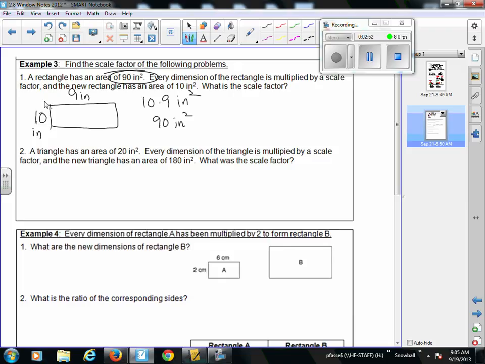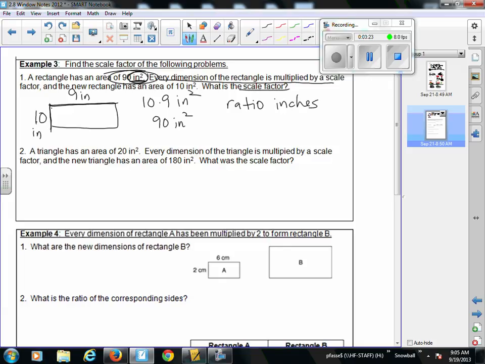So my point is that we have inches squared here, but what they're talking about, every dimension, meaning the length and width, is what we're looking for in terms of the scale factor. So it's not as straightforward from doing the ratio of inches squared. We want the ratio in inches because that is the unit of the dimensions.